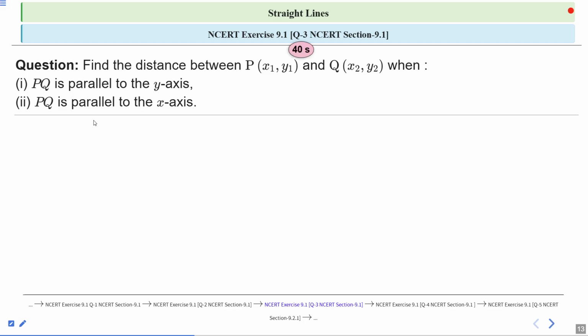Students, first of all, try it yourself and then see the solution. You have 40 seconds to try to solve this question, and then we will provide the solution.